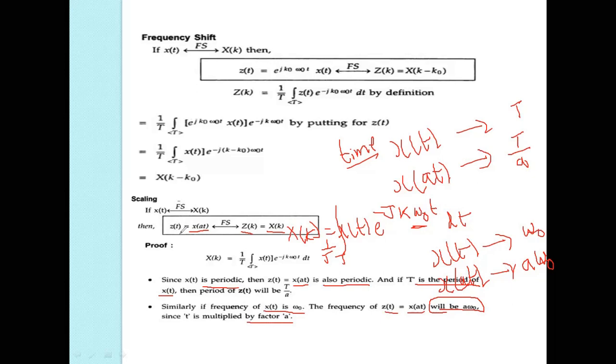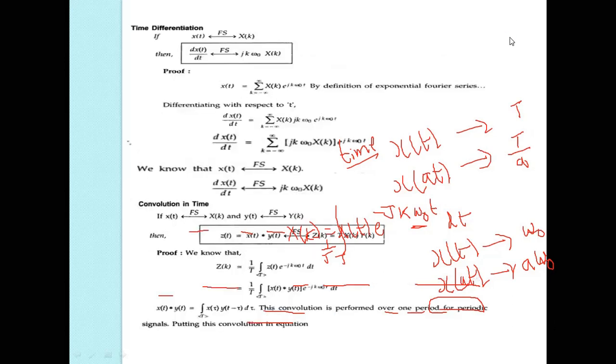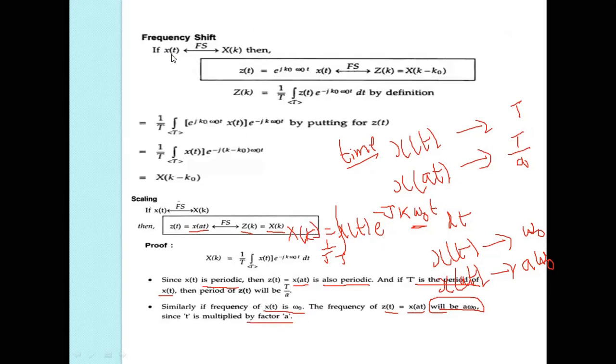Now we can go for the proof: for z(t) equal to x(at), to show that z of k is equal to x of k. So I will prove this one. The fourth property, the scaling property, x(at): you can apply the Fourier series and you get x of k.